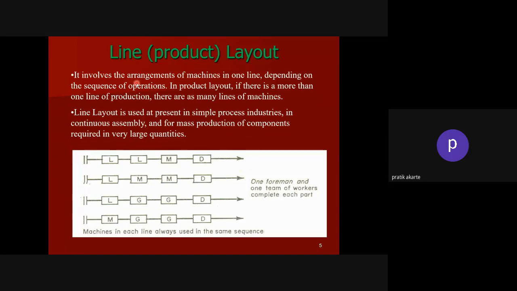It involves the arrangement of machines in one line depending on the sequence of operation. You can see over here the machines are arranged in a sequence one by one. Let us presume that L stands for lathe machine, M stands for milling machine, D stands for drilling machine, G stands for grinding machine.